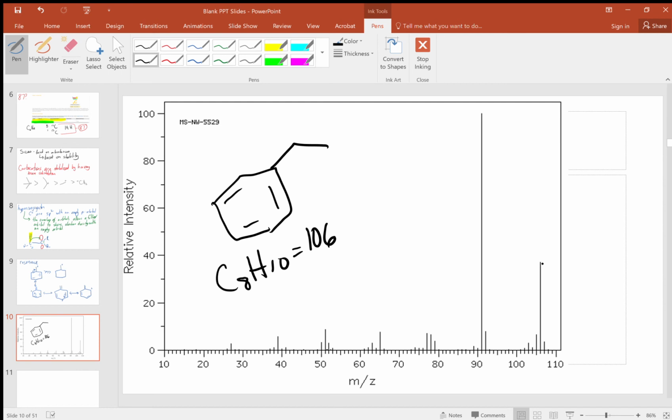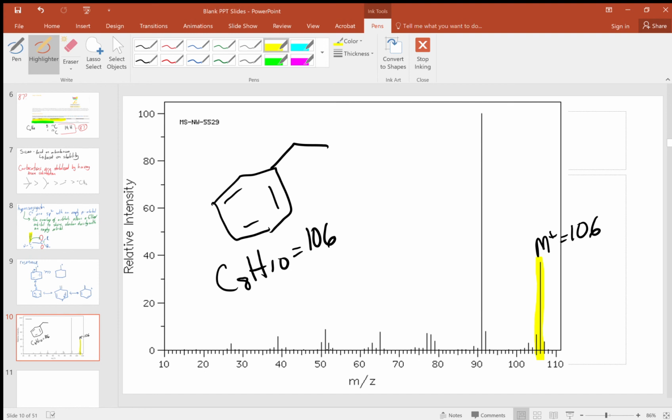And so you can see we have a peak here that's the M plus peak here at 106 that represents our entire molecule, just missing an electron. As we saw with the previous spectrum, we also have a peak that's one mass unit higher at 107, representing a C13 in the molecule.